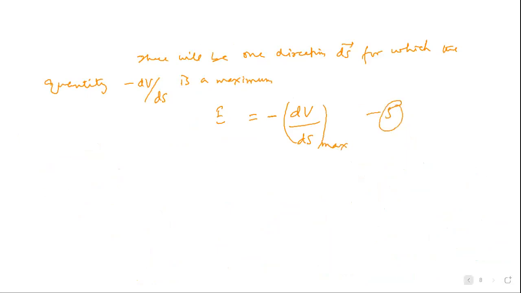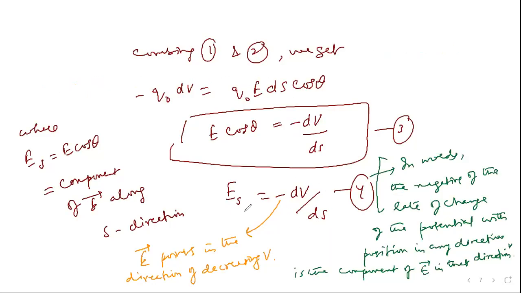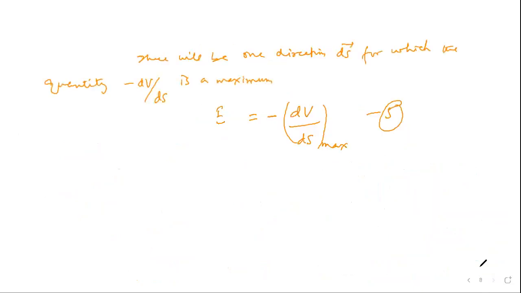So if you find in general minus dV by ds, that will give you the component of E in that particular direction, S direction. But if you find its maximum value, that will give you the maximum value of Es, and that maximum value will be the total field, right?